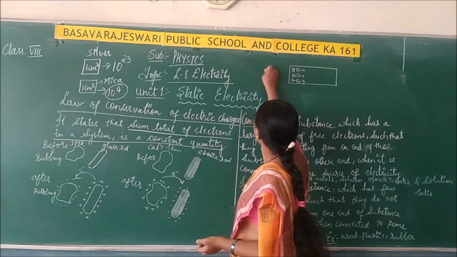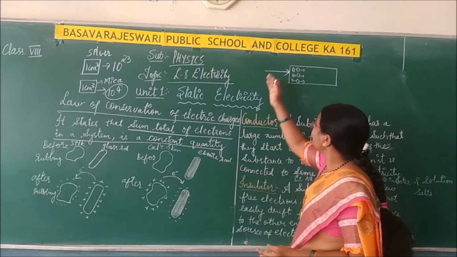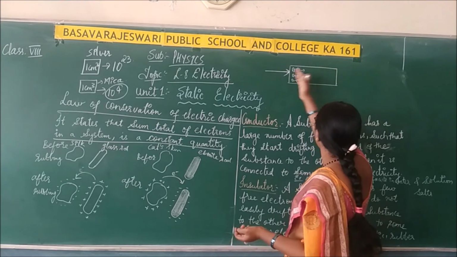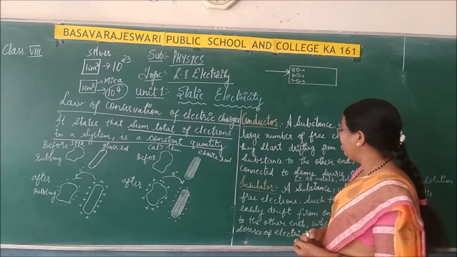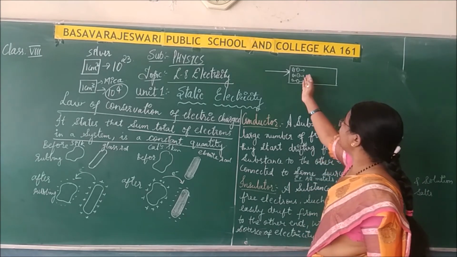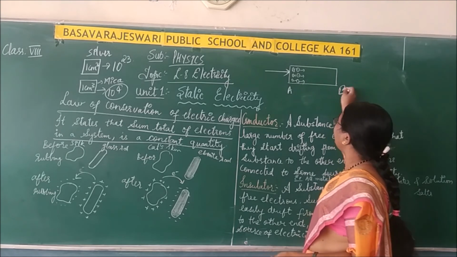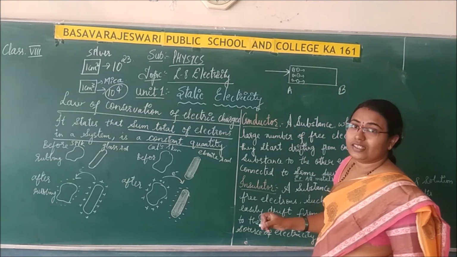So when the electric current is passed through this copper wire, since it has more number of free electrons, the large number of free electrons will start moving from one end to another end. So this is called as conductor.